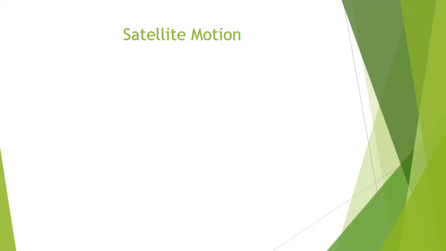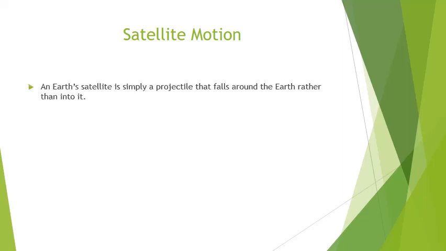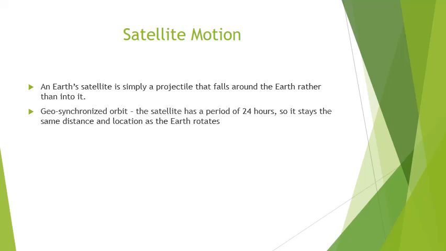Well, why is that? It's neither going in a straight line away from the Earth, nor is it falling exactly straight toward the Earth. It's not going to crash into the Earth. So it is a projectile. It's a satellite. And whether it's a natural satellite like the moon or a man-made satellite, what happens with satellite motion is that the object is constantly being pulled toward the Earth. Why?